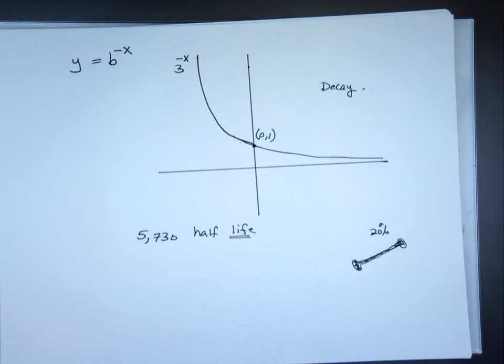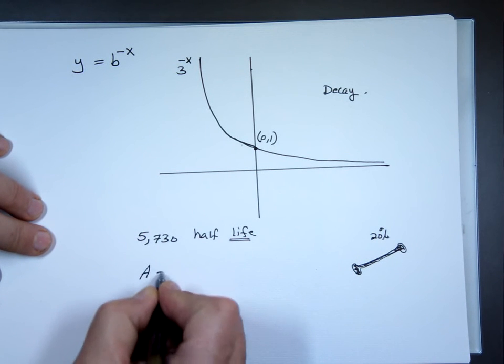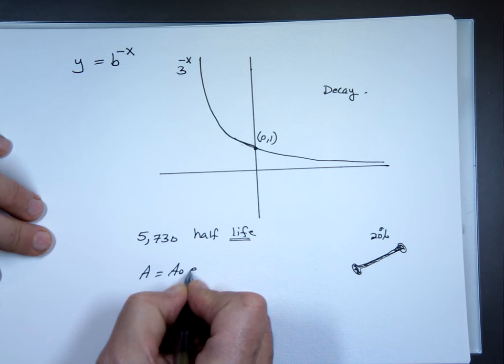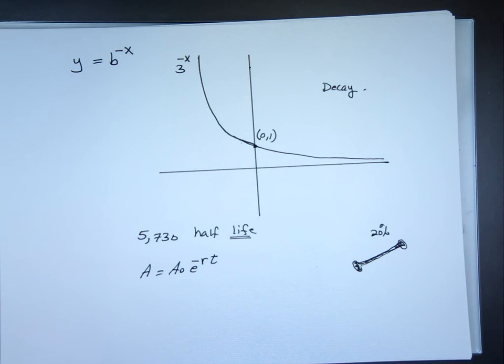And the way we do that, the equation, the same thing. A equals A0 e to the negative RT. We need to know what the rate of decay is, what percent disappears.